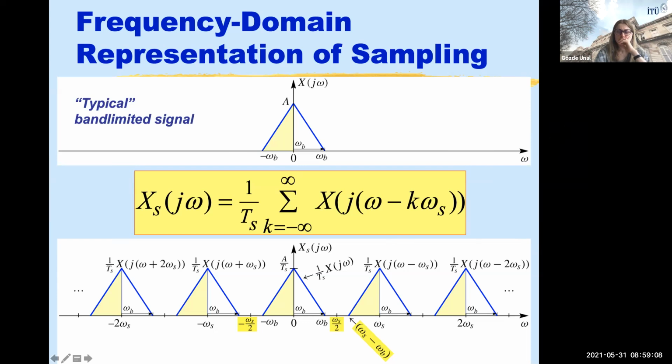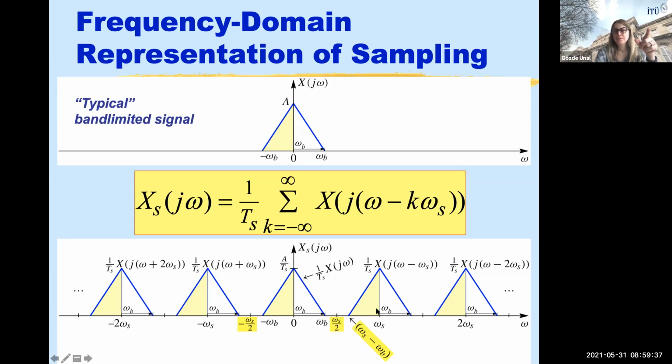Özgür, I'm seeing you, so do you guys see the problem when these replicas would overlap? It becomes another signal, right? It would distort, because in that case, look at this original spectrum: the negative frequencies are, let's say, these yellow bands, positive frequencies are this white band.